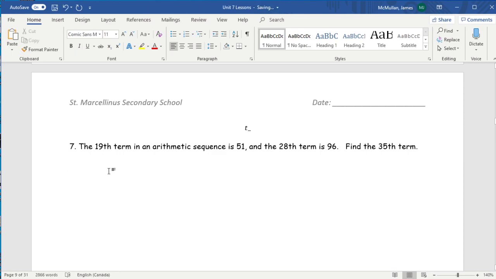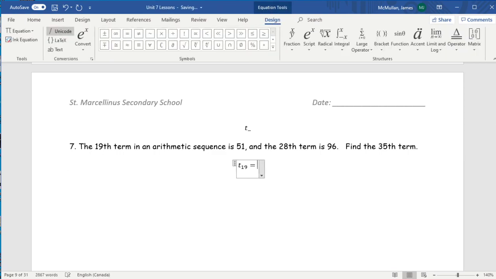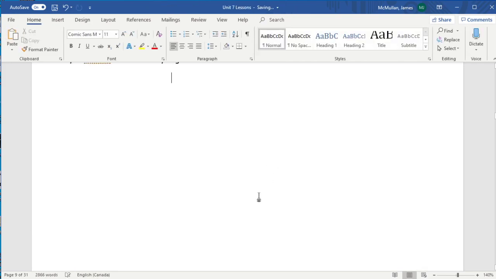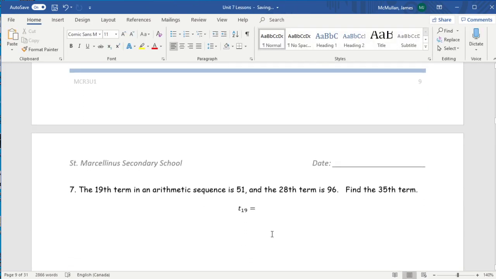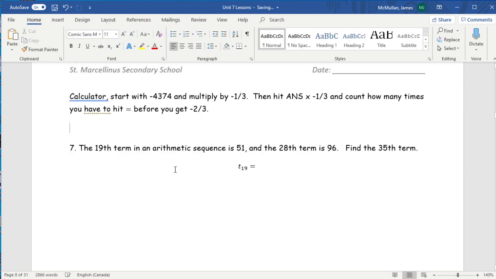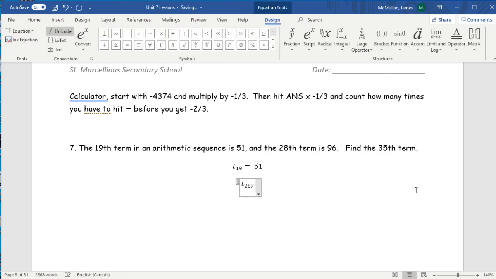Okay, the 19th term of an arithmetic sequence is 51. So term 19, I guess I can move this up now. The 19th term is 51. The 28th term is 96.